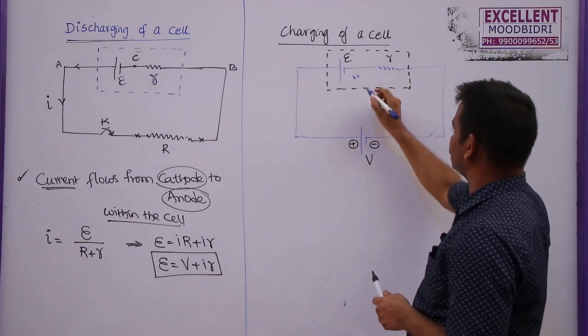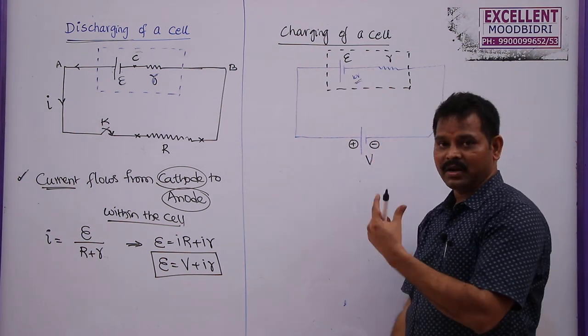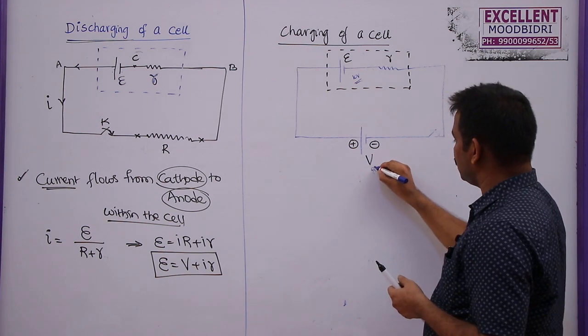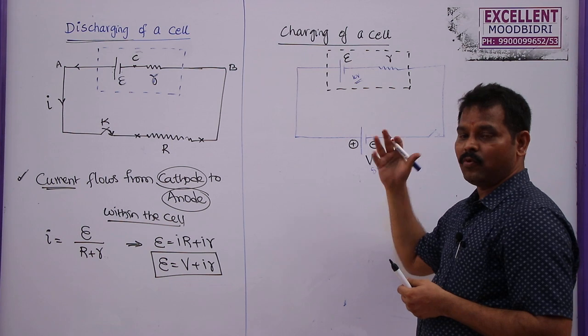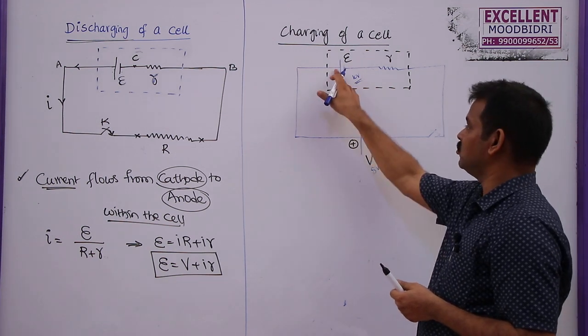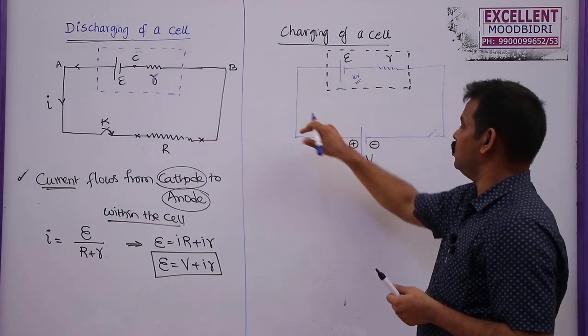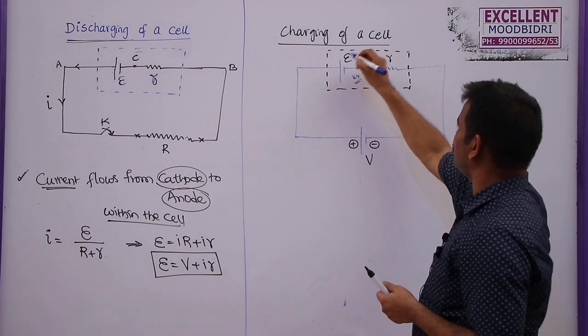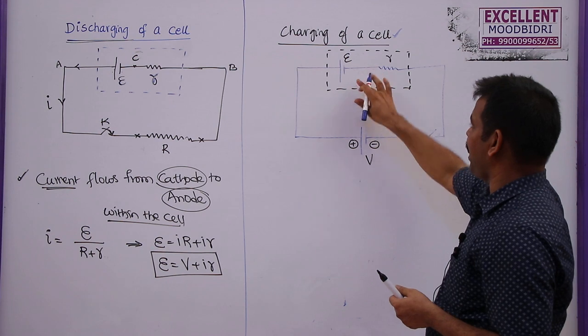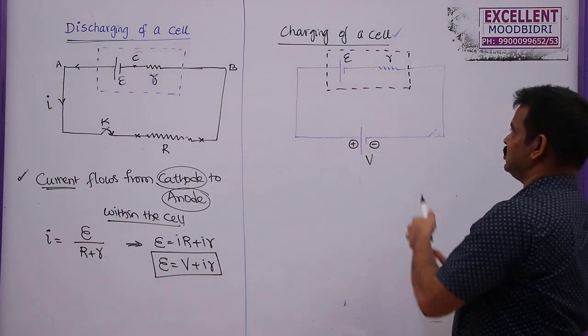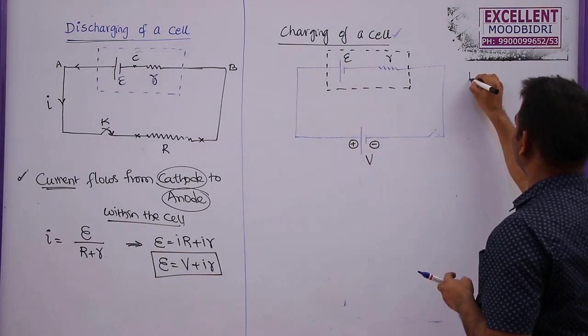Let us say this is a 10 volts cell inside our phone, but if the source is only 8 volts, current never flows from low potential to high potential, current flows from high to low. So the condition is, to charge any cell, the external source should have more potential than the cell.